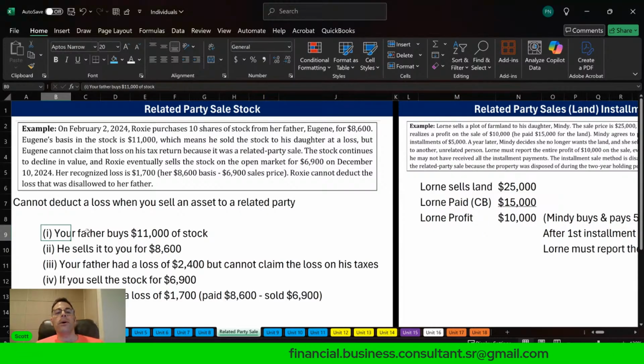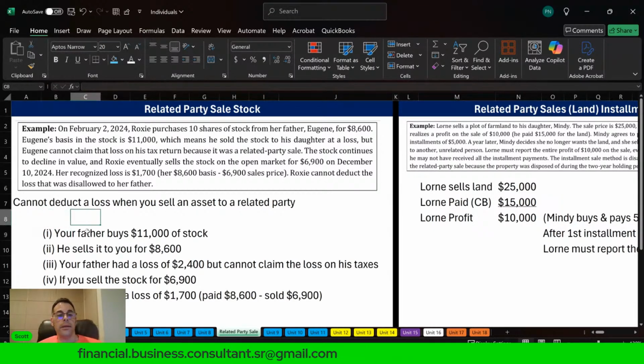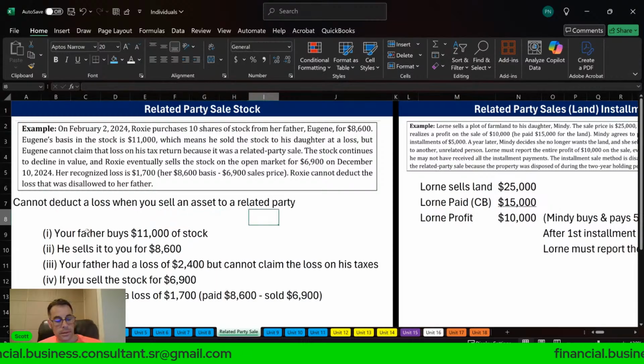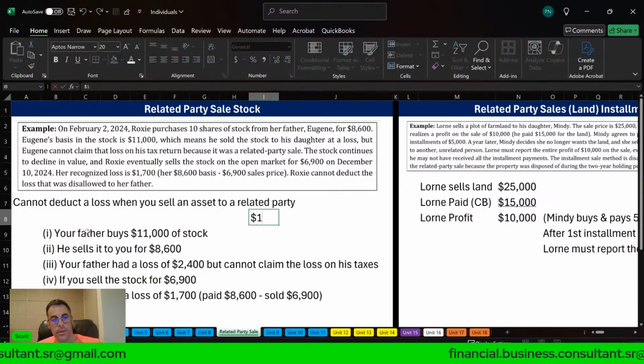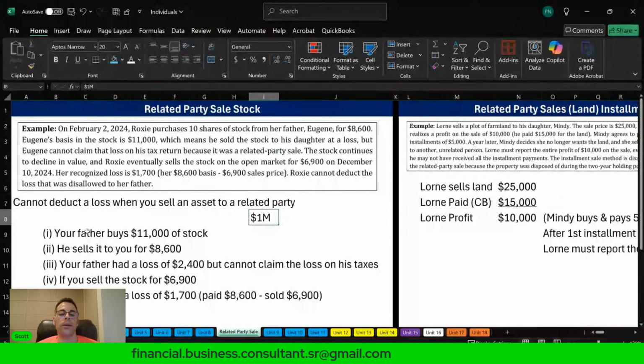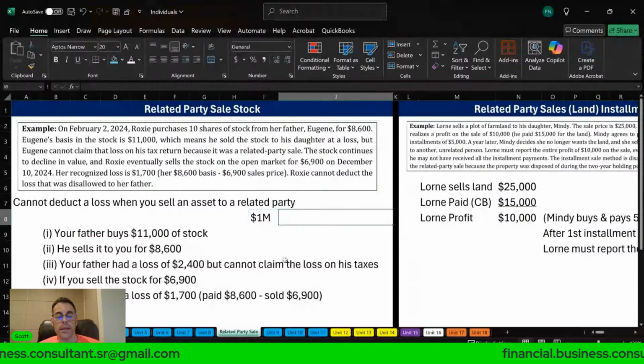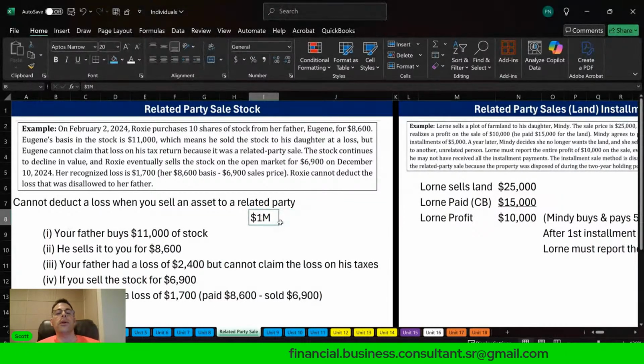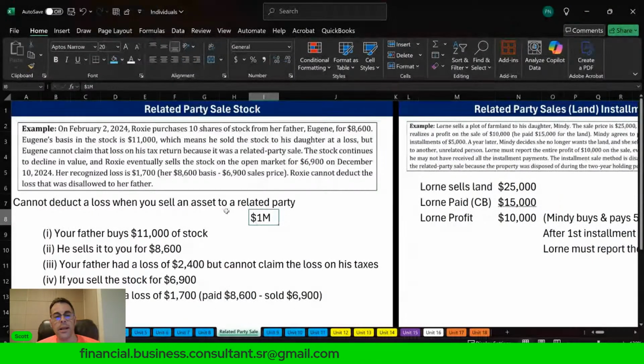For instance, if you bought $1 million of land, you could sell that land to your best friend for $1, and then you take a $1 million loss, right? That's why when you sell something to a related party, it cancels out. You cannot claim it.